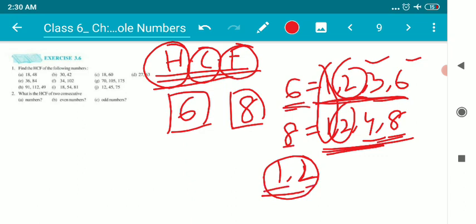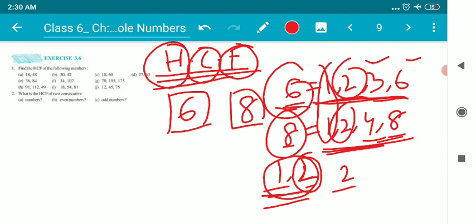Among 1 and 2, which one is greater, children? The greatest number is 2. So 2 is the highest factor, or greatest factor, of 6 and 8. So 2 is the HCF. HCF means the largest number that divides any two numbers or any three numbers, as many numbers as we will be given.